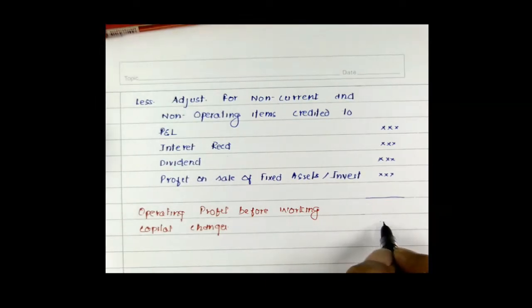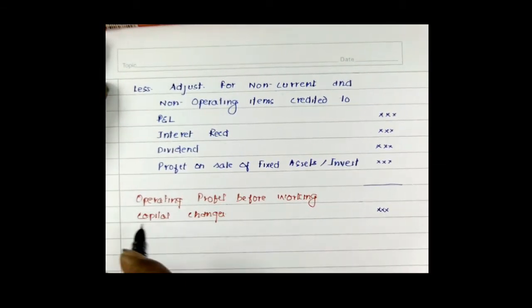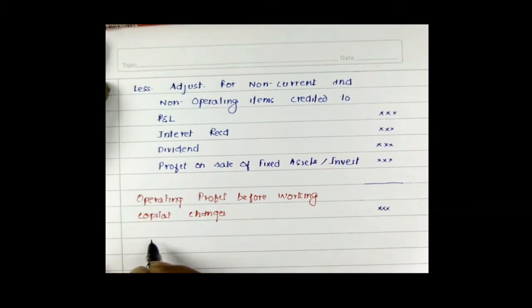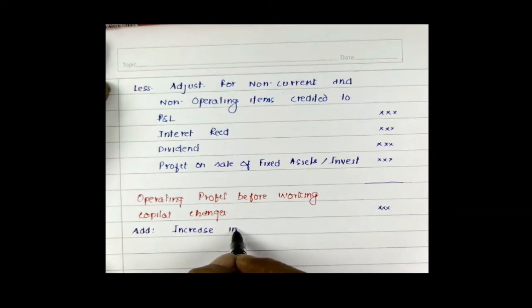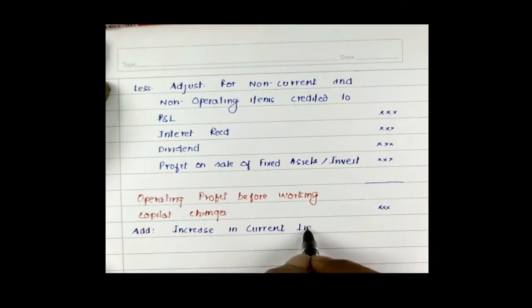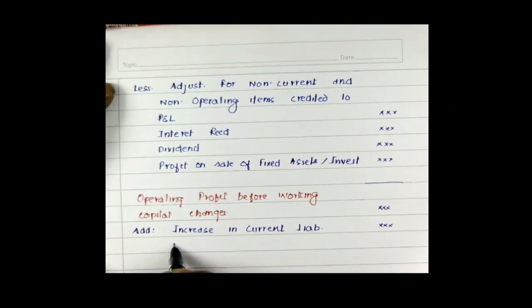And then what we used to do: add increase in current liabilities, decrease in current assets.